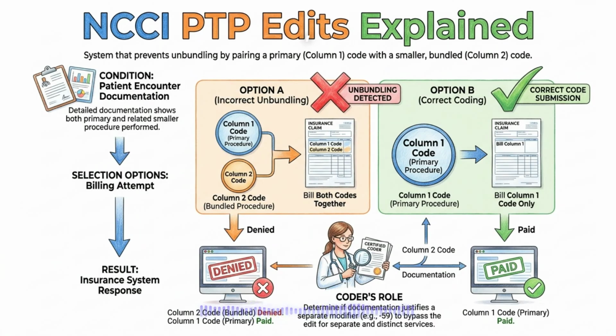If you try to bill both codes together, the insurance computer will automatically deny the column 2 code and only pay for the column 1 code. Your job as a coder is to look at the documentation and determine if the work described by the column 2 code was truly separate and distinct enough to justify bypassing the NCCI edit.